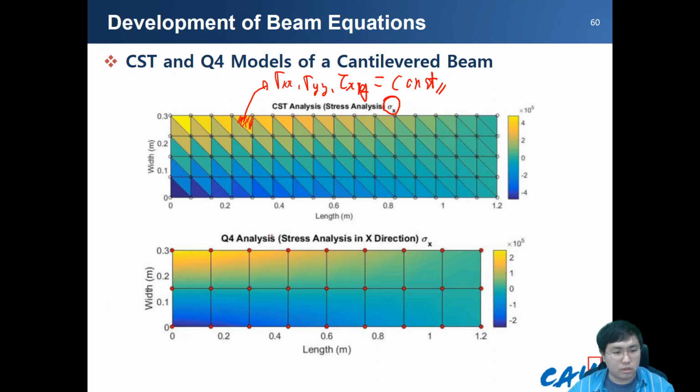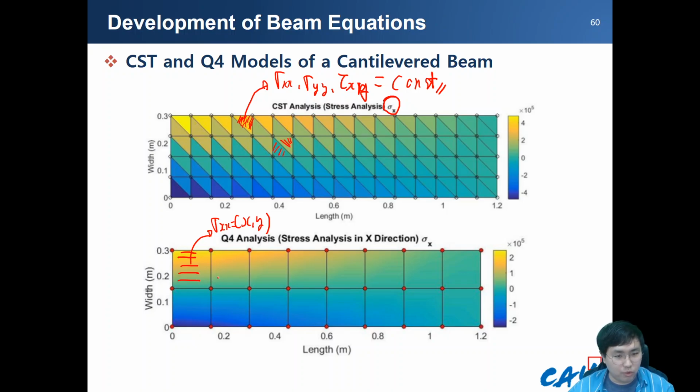However, in the rectangular element, the stress is a function of x and y. So that means the stress can vary inside the element. So this CST element can only suggest specific distinguished values.